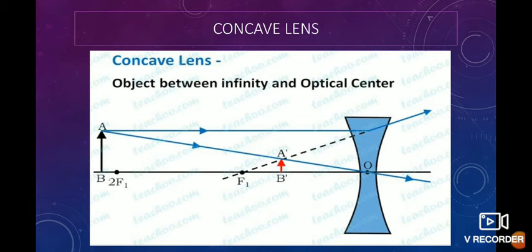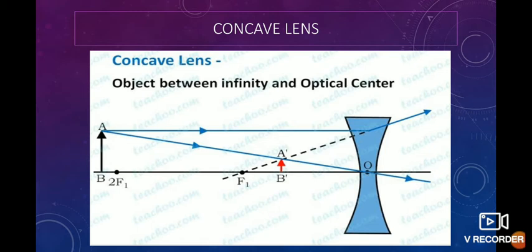Now let us take the ray diagram of a concave lens. So look at what happens when the light from the object falls on the concave lens. It begins to diverge. It begins to spread out. And that is why we call this the diverging lens.